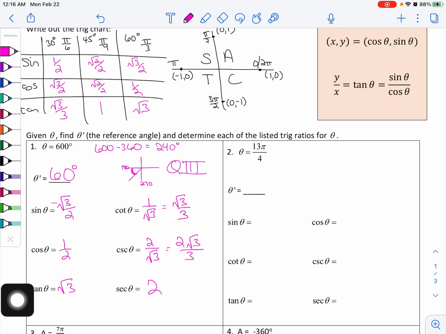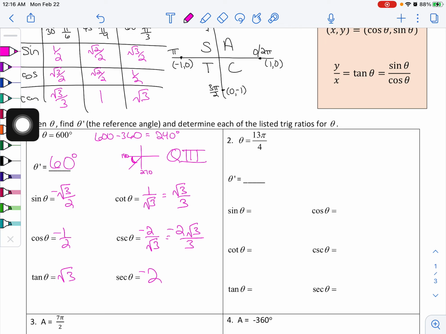So out of these 6 trig functions, I need to mark 4 of them as being negative values. So sine's negative, cosine's negative, tangent's positive, cotangent's positive, but cosecant and secant are both negatives. All right, and that's the information I pulled from knowing it's in quadrant 3 and using my ASTC. Okay, so that's the big deal with using that.